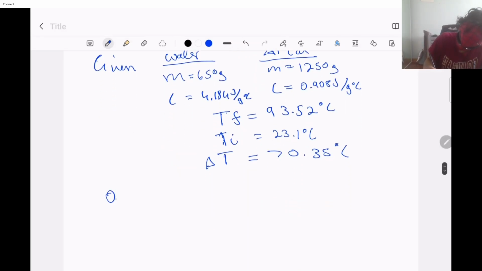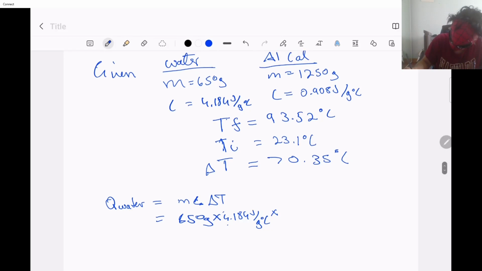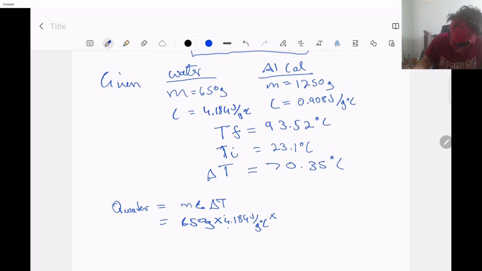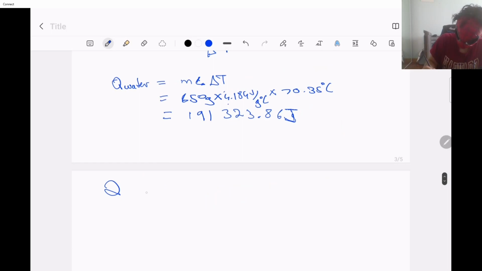Let's do the Q of the water first, which is equal to mass times specific heat capacity times delta T. The mass is 650 grams times 4.184 joules over grams degrees Celsius times the change in temperature, 70.35 degrees Celsius. This gives us 191,323.86 joules.